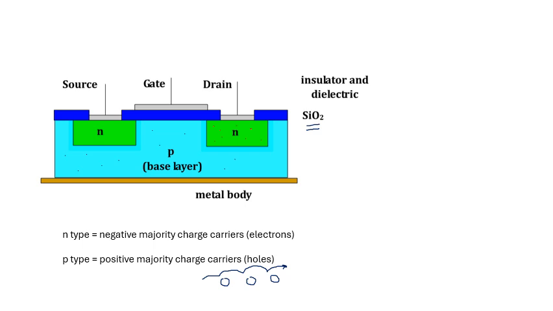And then we have another couple of conducting layers. We have this conducting layer, which is for the gate, and then we have conducting layers which attach the source and the drain to the N-type.